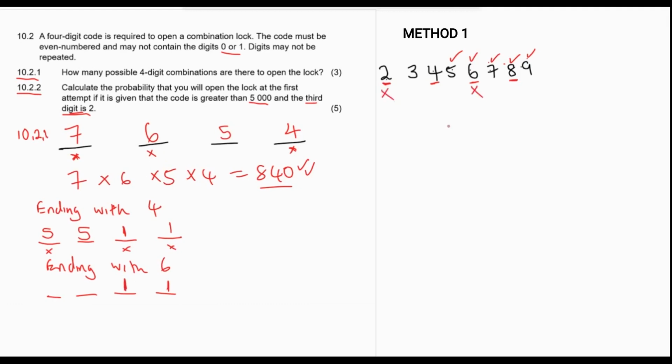So this one is taken, this one is taken. We're left with 6 numbers, but our number can only start with a 5, but the 6 is already taken, so we cannot count it. So we have 5, 7, 8, 9. So we have 4 choices for the first number. So 3 numbers have been taken. So we're left with how many numbers to choose from? We have 5 choices for the second slot.